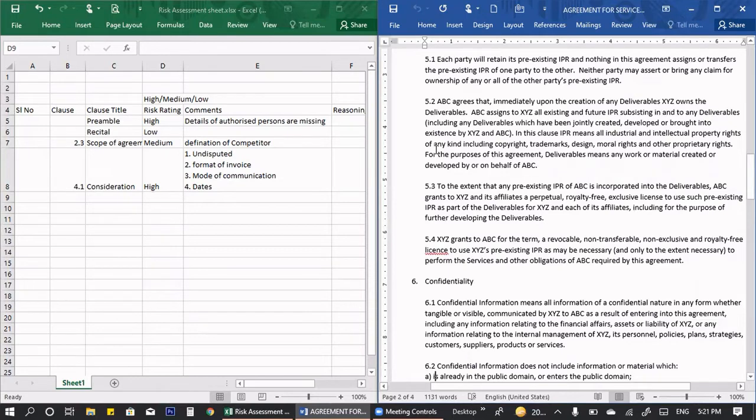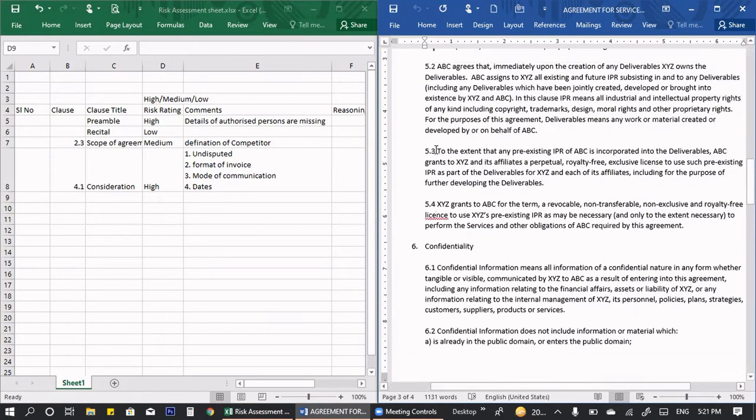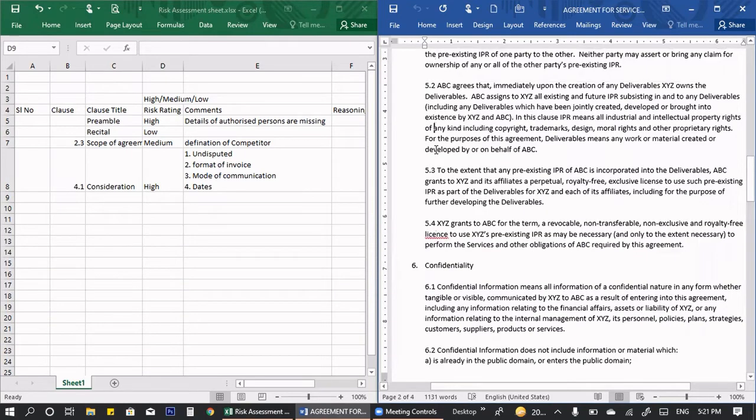ABC assigns to XYZ all existing and future IPR subsisting in and to any deliverables. Okay, no problem. In this clause, IPR means all industrial and intellectual property rights of any kind, including copyright, trademarks. Okay, fine. I think there are no queries here, nothing to flag.